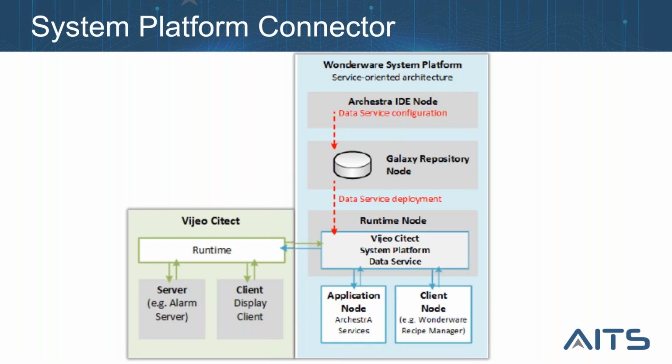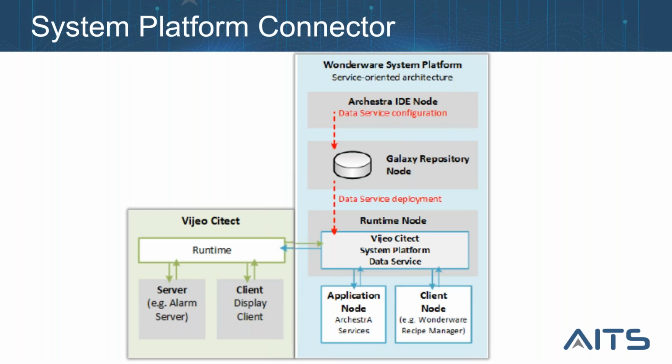It's worth mentioning the topology. You basically need three machines running on your network. The first machine should have the Orchestra IDE installed and running. The second machine is the Galaxy repository machine.